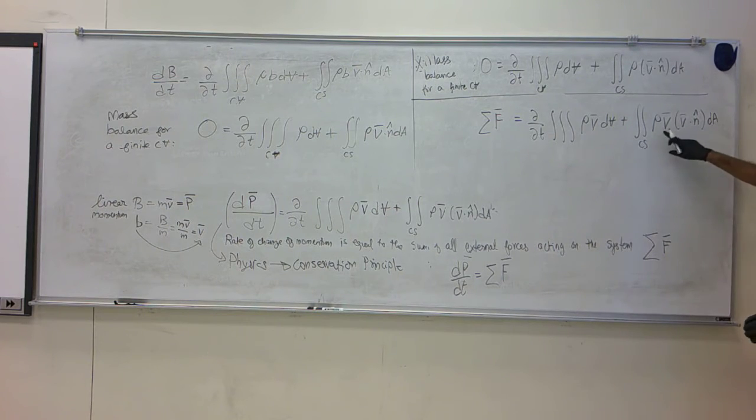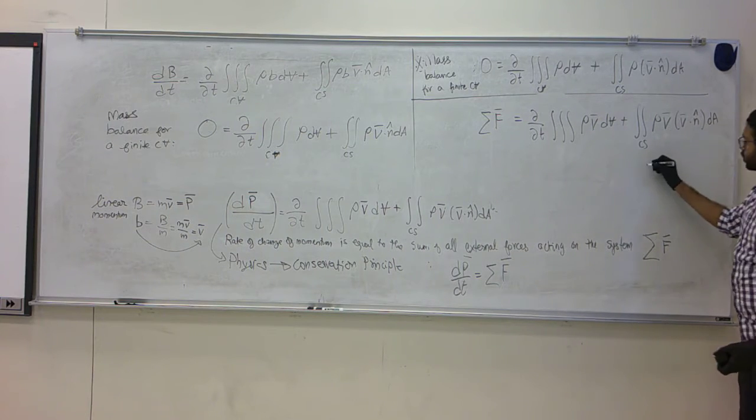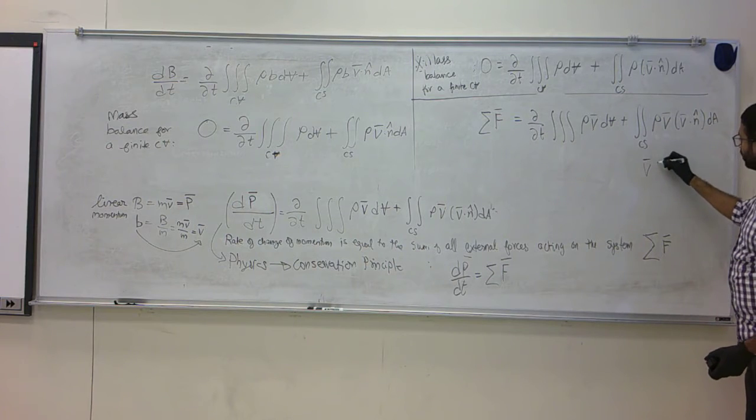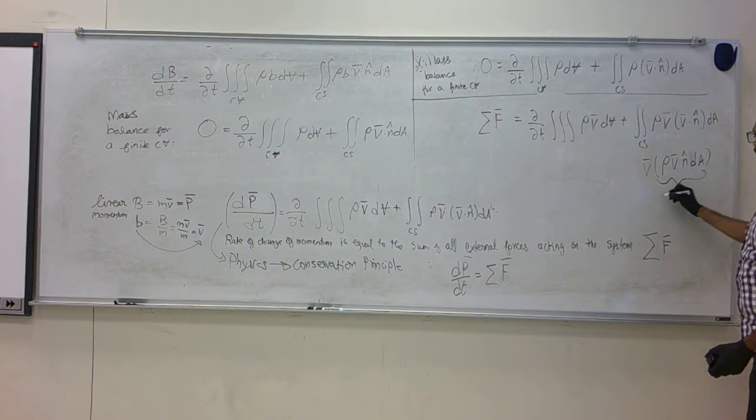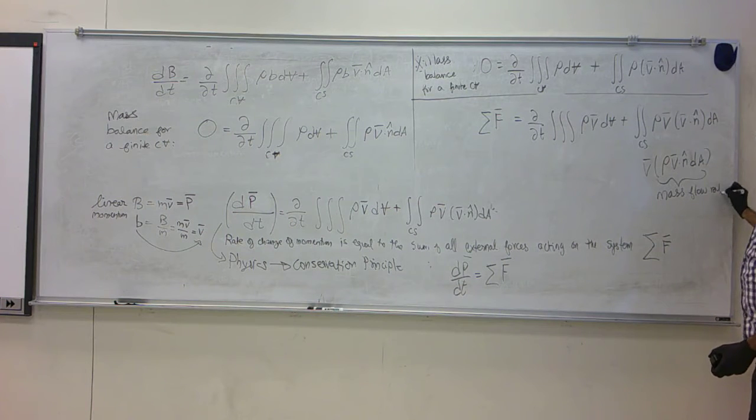This quantity rho times v dot n times dA is mass flow rate. And then I write v bar times rho v dot n dA. This whole quantity is mass flow rate across the control surface.